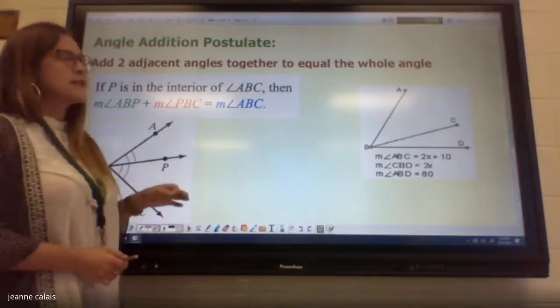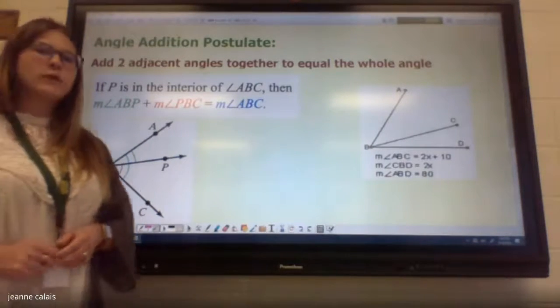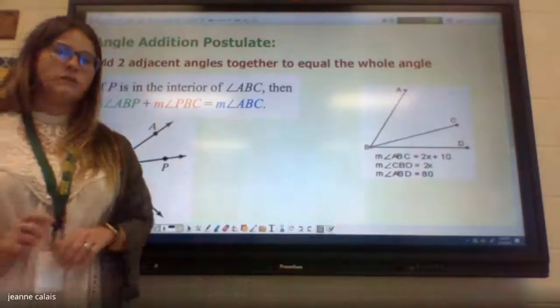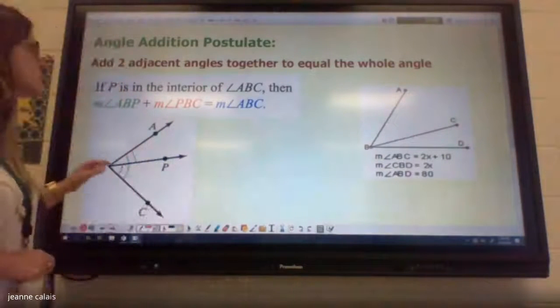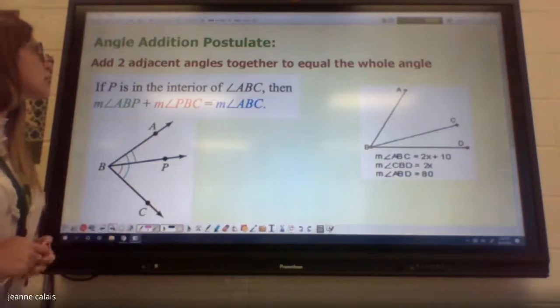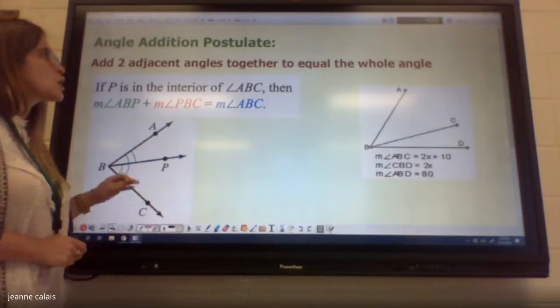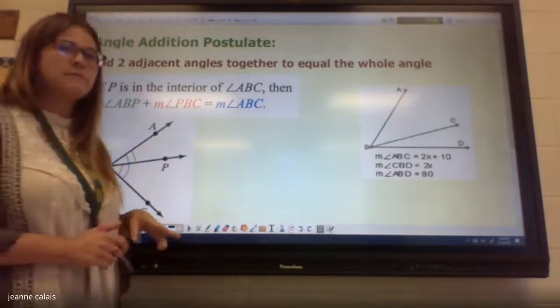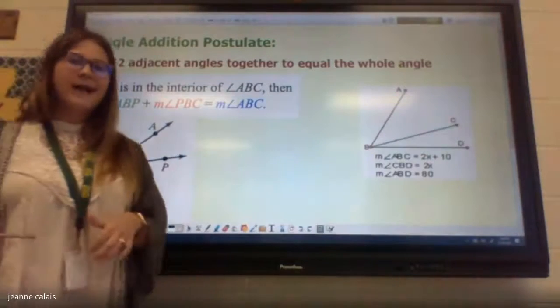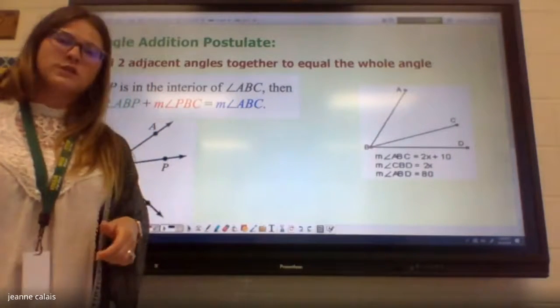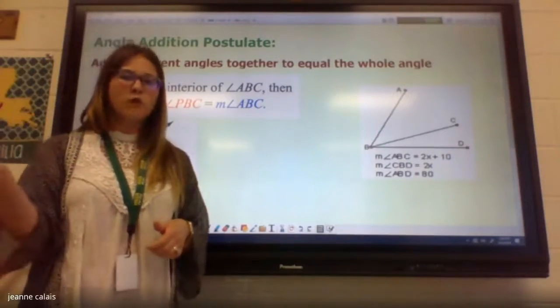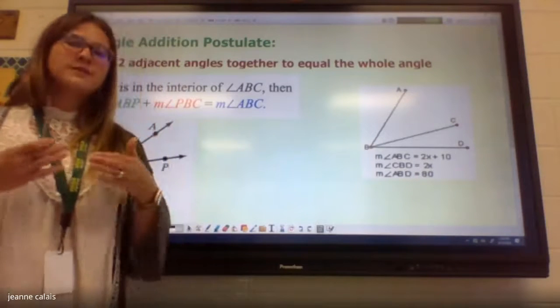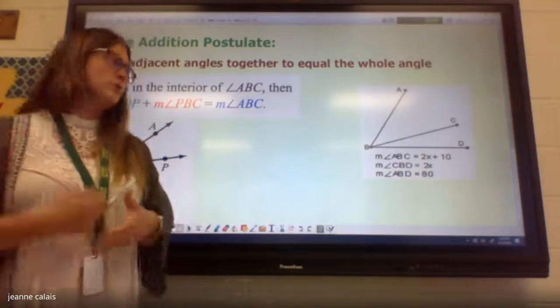All right, angle addition postulate. In yesterday's lesson, we talked about segment addition postulate. So today we're talking angle addition postulate. Adjacent means connected. My classroom is adjacent to Ms. Blanchard's classroom because we share a wall, okay? So that shared side makes our rooms adjacent to each other.